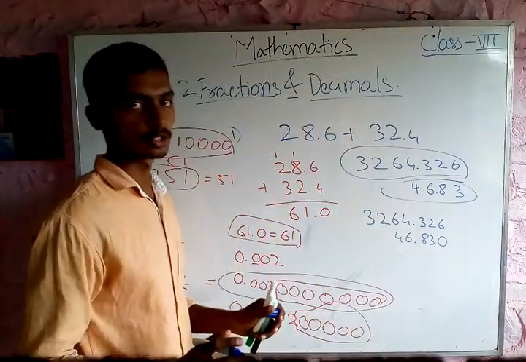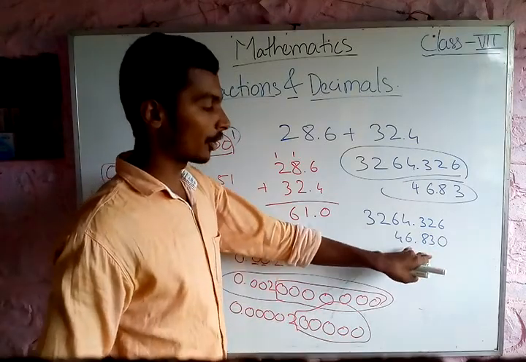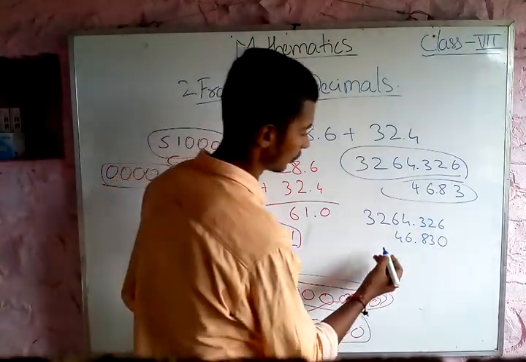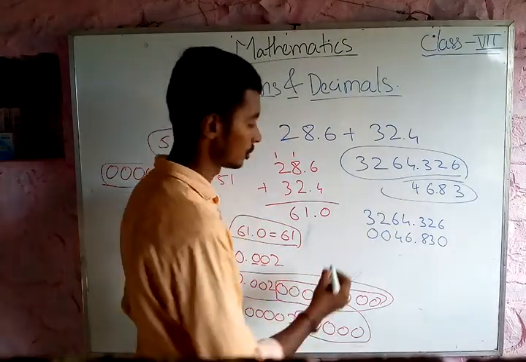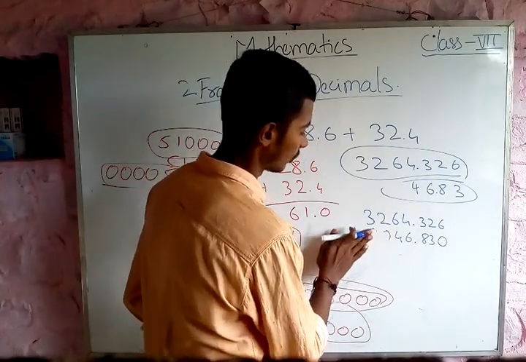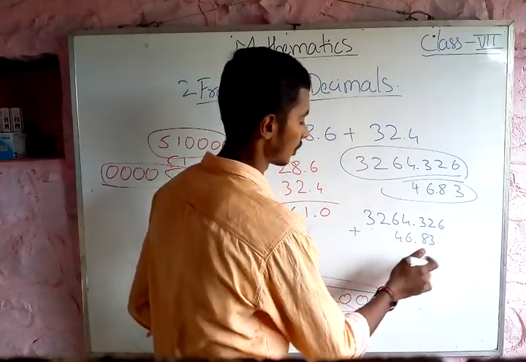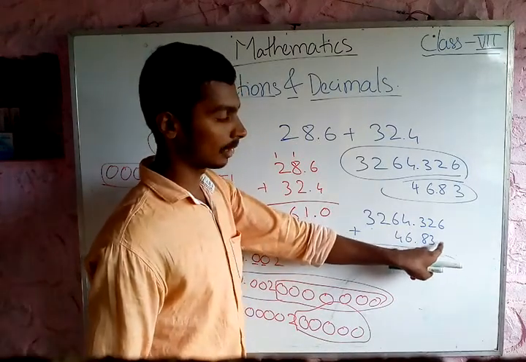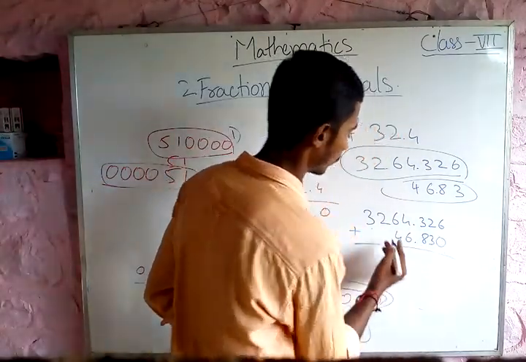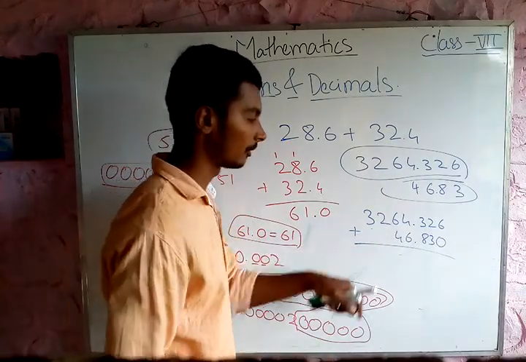Its value doesn't change, because we are keeping the 0 after the decimal point and after a non-zero digit. In the same way, if we keep zeros here also, its value won't change. If there isn't any digit, we take it as 0.